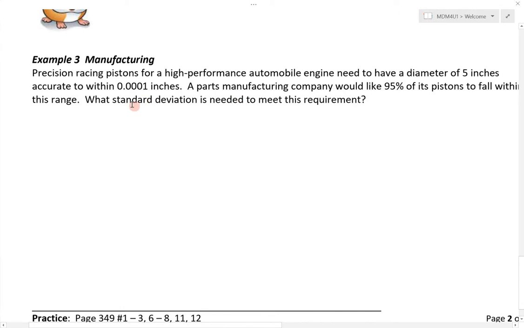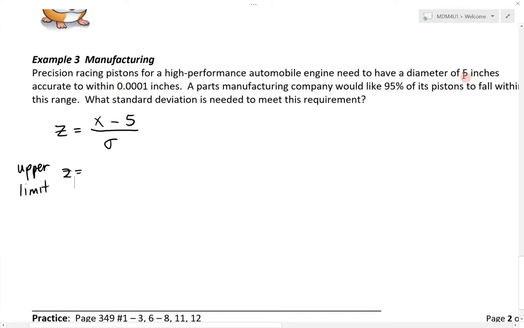So let's look at what our z-score is. Our z-score is going to be composed of our standard deviation and some x value minus the mean value. The mean value is 5. Okay, so we're going to calculate the upper limit. The upper limit of our z-score has to reflect the fact that this automobile engine piston must be within 5 inches, accurate within 0.0001.